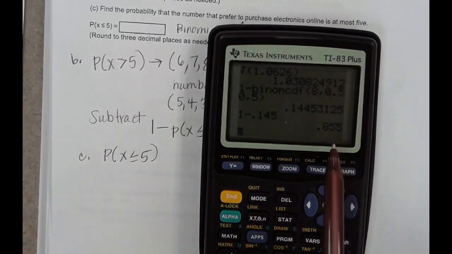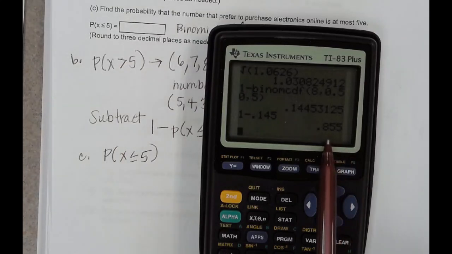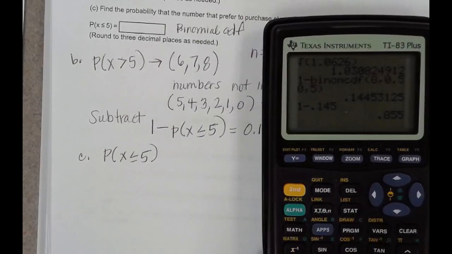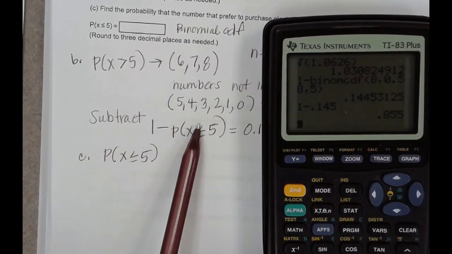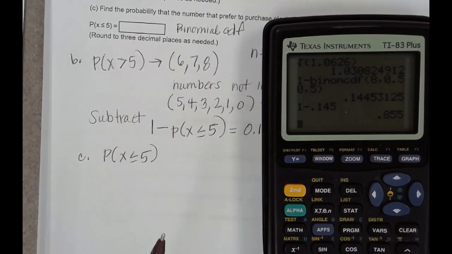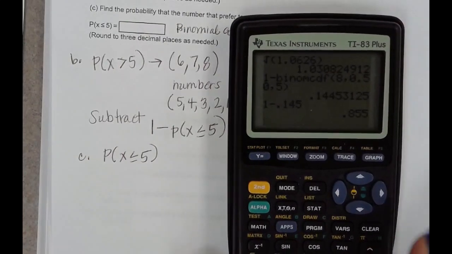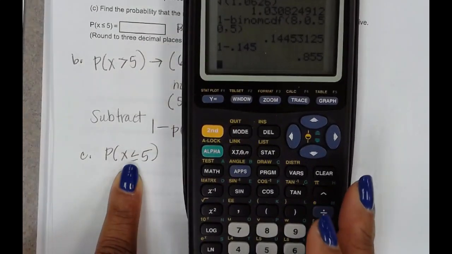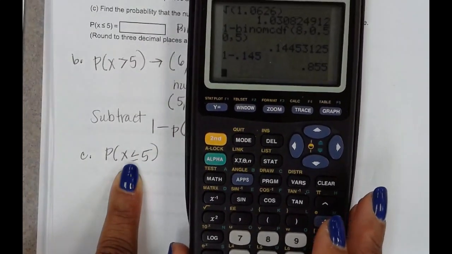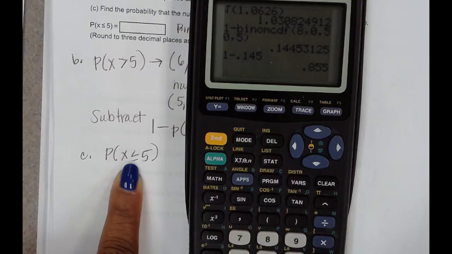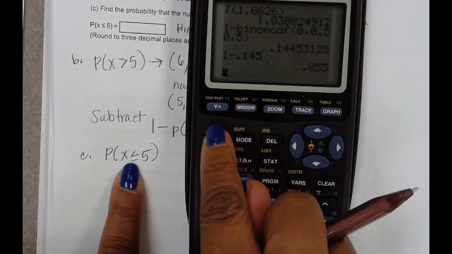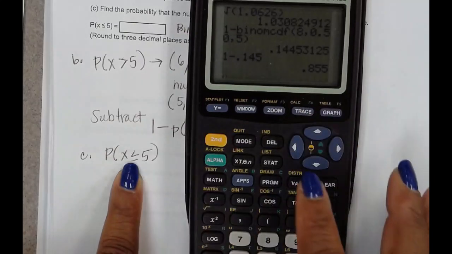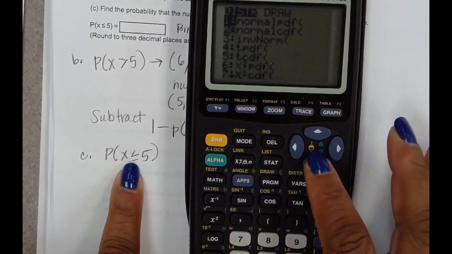Look at that answer. Let's keep that in mind, because they're complements of each other, we got 0.855. Let's see if that really works out that way. Okay, so it's already in the less than form, so we can use the CDF function. We don't do the 1 minus this time, so let's do second vars. We need the CDF.